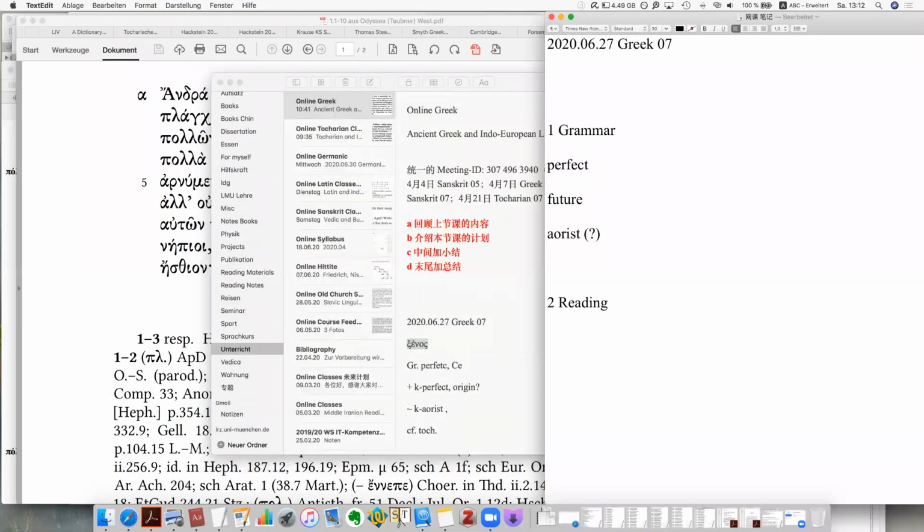Probably I can just briefly explain this, because ξένος is really a very important and very frequent word in your Greek lesson. I have said that it means foreigner, right? It means foreigner or a guest, of course.